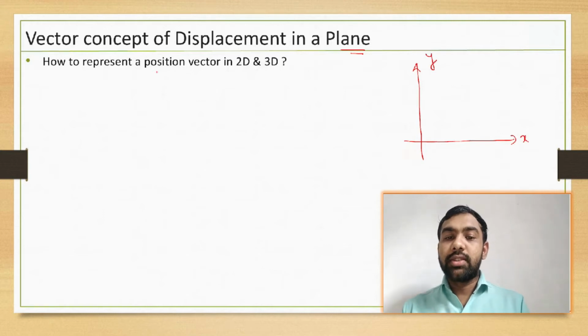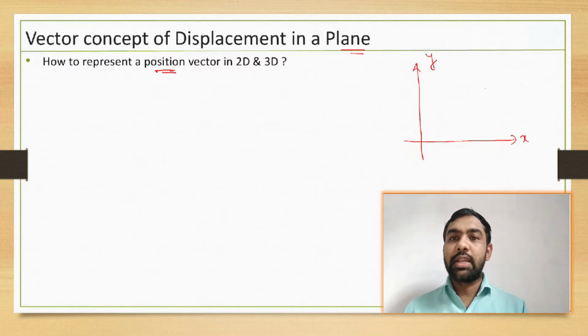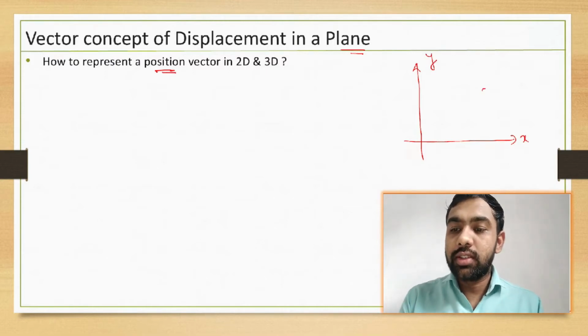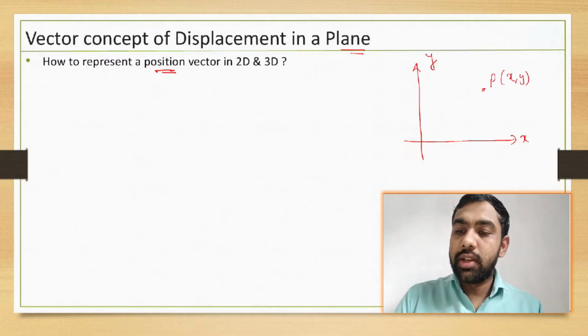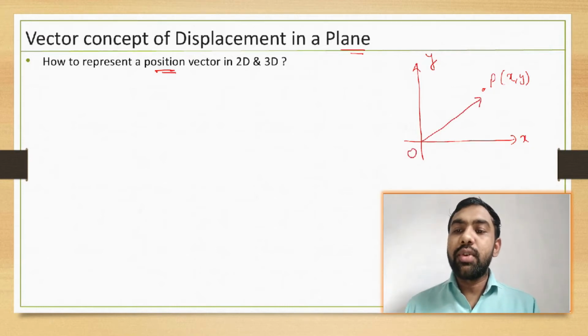So how do we represent any position vector in two dimensions and three dimensions, as we discussed in the previous sessions? Suppose this point is P, having coordinates x and y, and its position vector is OP.